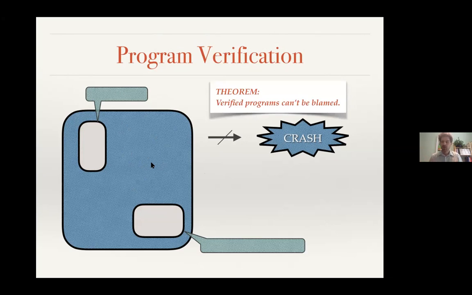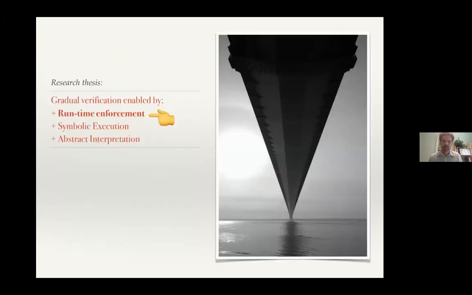Okay, I mean, you have no hope of verifying the stuff you don't know about, but the program that you know about, you want to say that you can't reach a bad crashing state here. Okay, and you ought to be able to establish a theorem that looks like this, saying that whatever your verification technique is, it says verified programs can't be blamed.